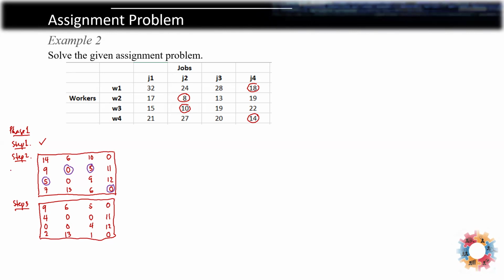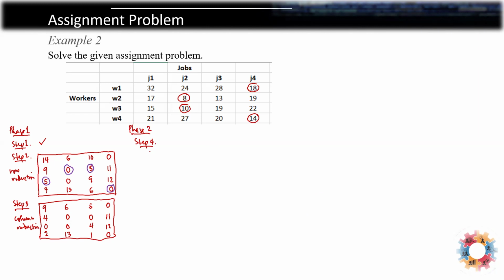So this is the row reduction, and this one is the column reduction. Okay. We're now ready to do phase 2 and step number 4. Now, what is step number 4?